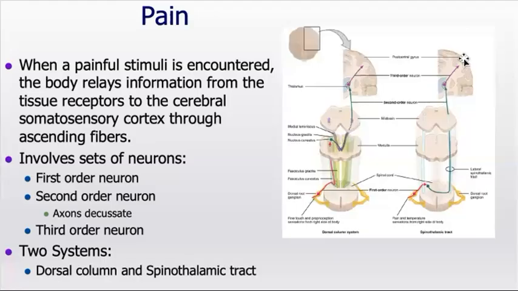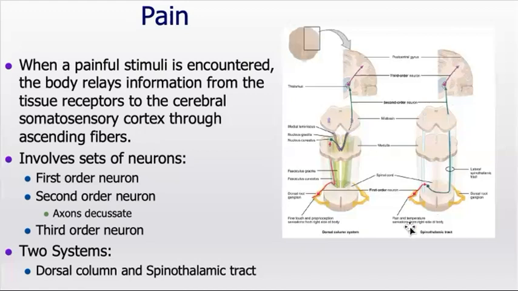Okay. The somatosensory homunculus we discussed last week, and essentially it's a map of the somatosensory cortex of where certain areas of your body are represented within the brain. So that's the spinothalamic tract. As you can see, it's the second order neuron that crosses to the other side of the body.